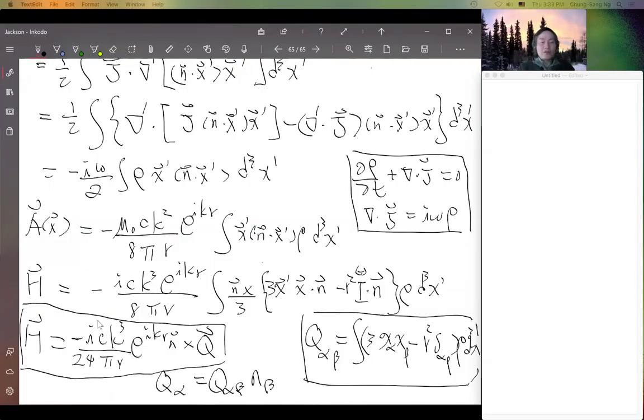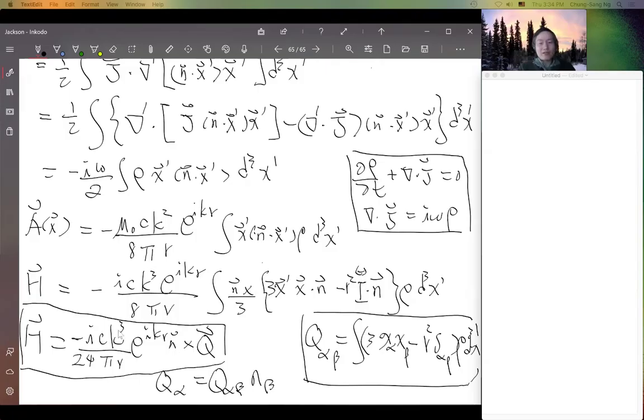Now this form of the magnetic field, we have actually seen something similar before, because when we considered the electric dipole term we had something similar, but with n cross p, where p is the electric dipole moment. The coefficient is different, but the vector structure is the same.